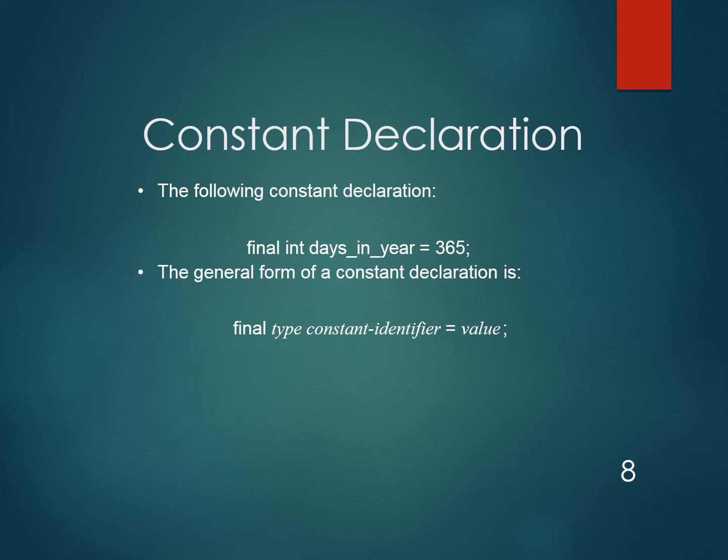Suppose daysInYear = daysInYear + 1, if we do that it is not possible, because in this example the value of daysInYear would be incremented by 1, but it is declared as a constant using the final keyword, so it will not take place. The general form of the constant declaration is: final data type constant identifier = value.